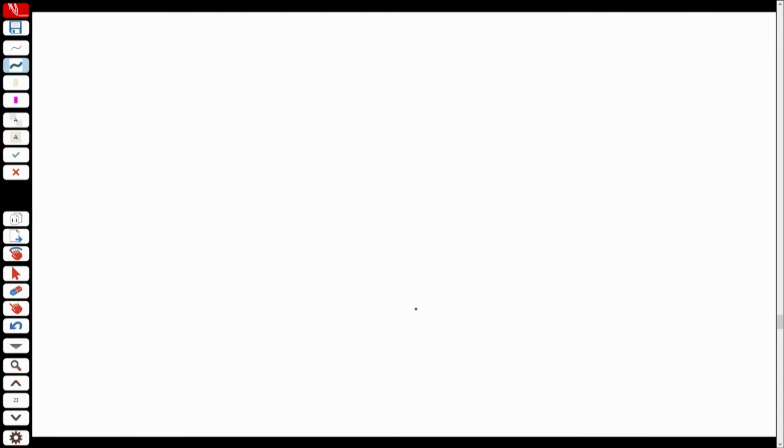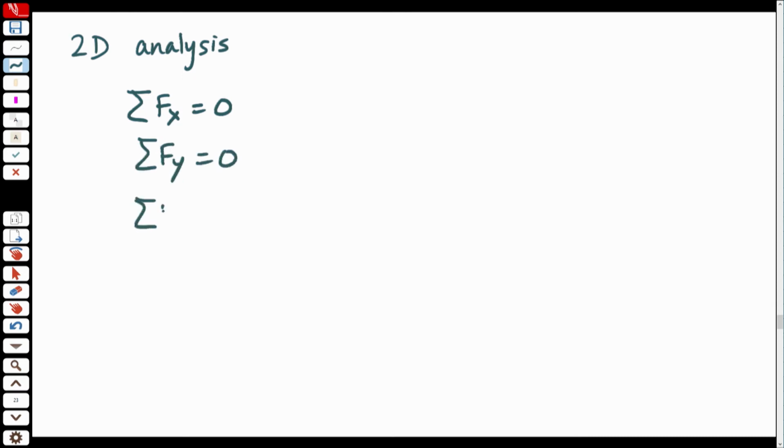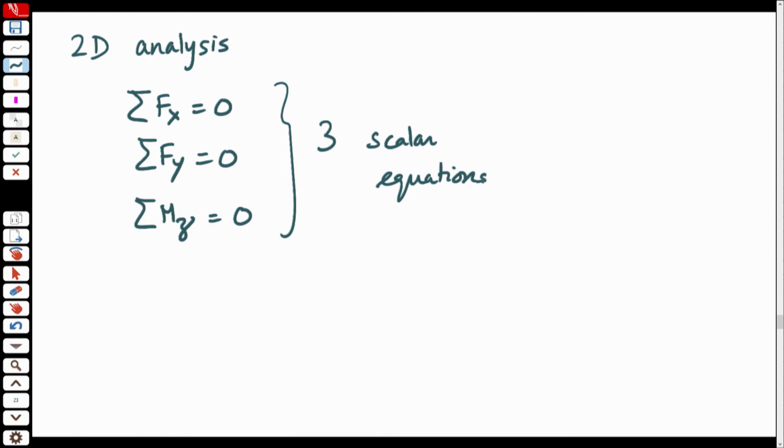how many equations do you have? In the 2D analysis, you will have basically 3 equations: sigma Fx, sigma Fy, and sigma M about some point, perpendicular to the plane. So, you have 3 scalar equations, and therefore, you can only solve for 3 unknowns.